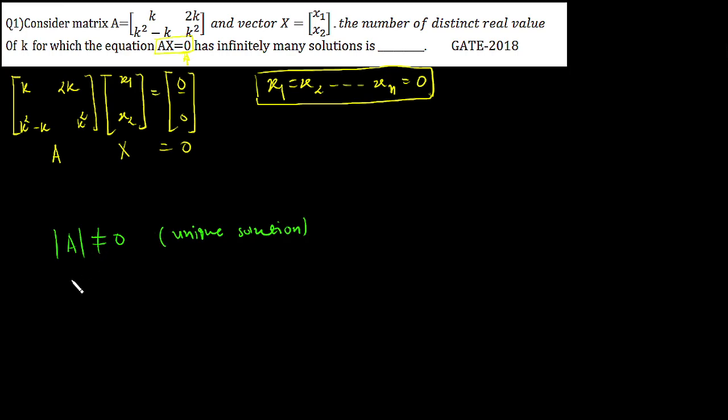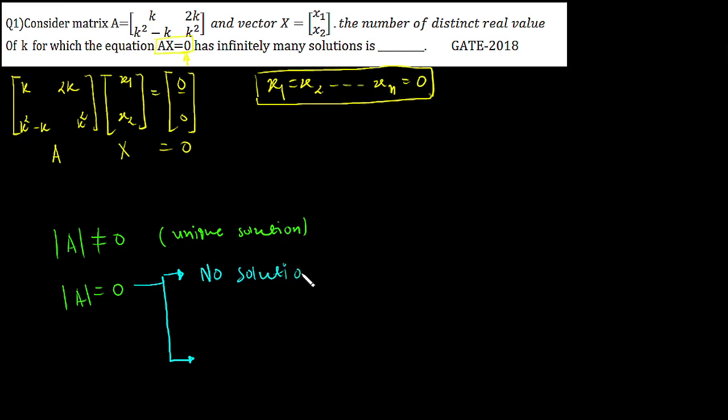Now the second condition: if the determinant of the coefficient matrix is 0, then again two possibilities are there. What are those? If the determinant of any coefficient matrix is 0, then the first possibility is that the system has no solution, or in other words the system is inconsistent.